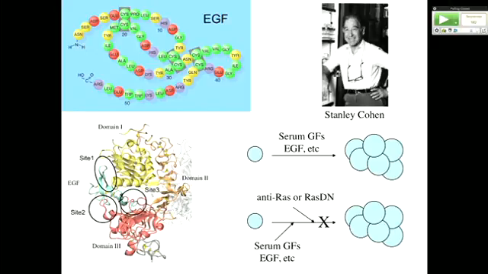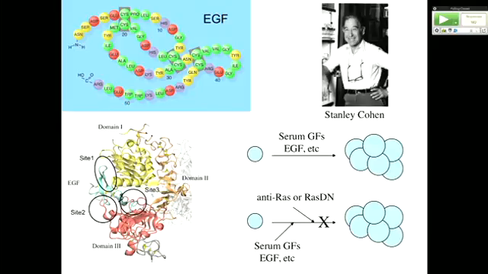And the question arose whether these growth factors, the first of which was EGF, epidermal growth factor, but there were a number of others that were identified for different cell types, were using the RAS effector pathway to stimulate mitogenesis.